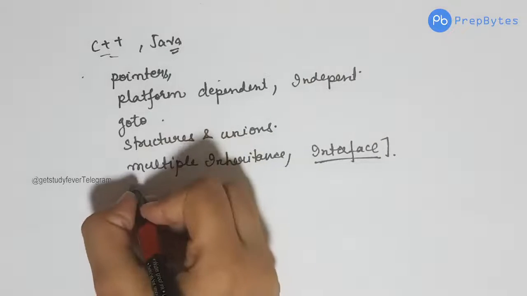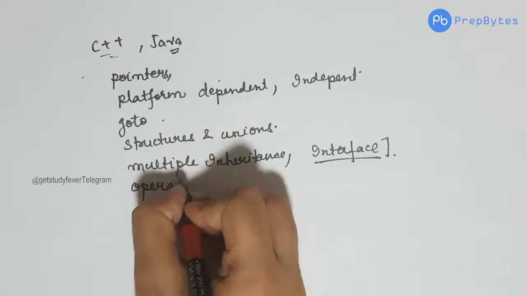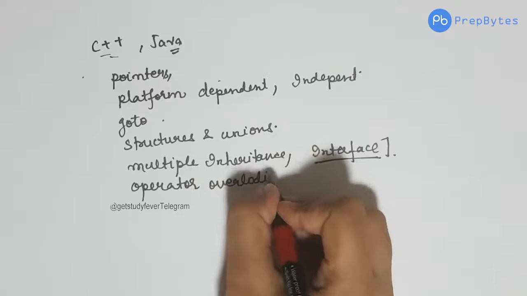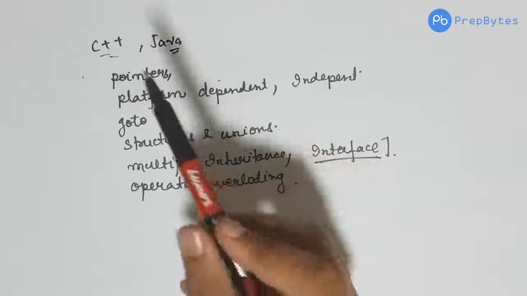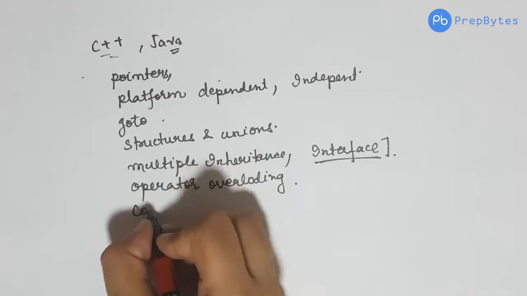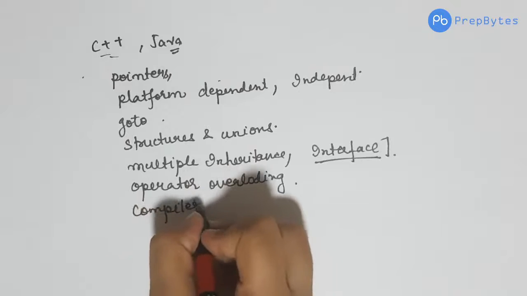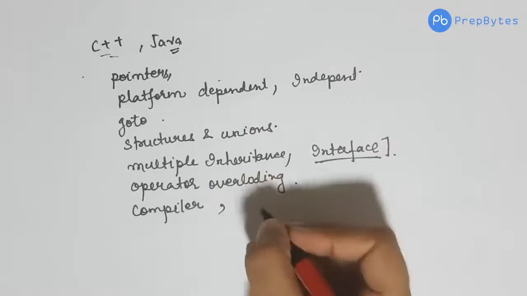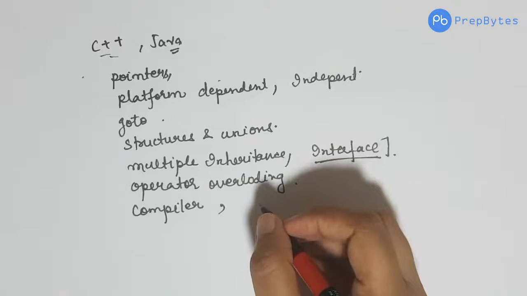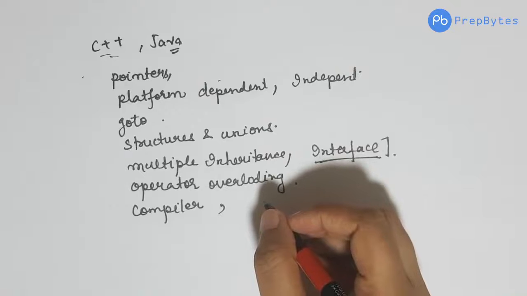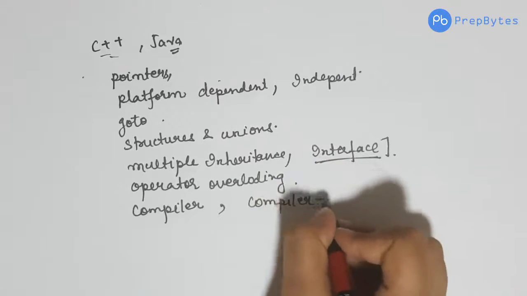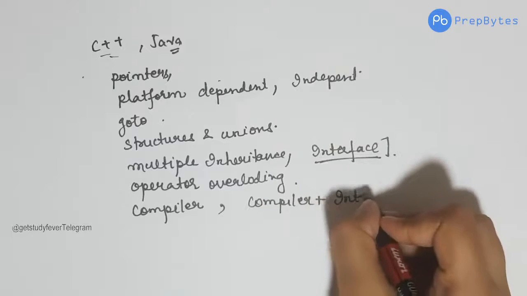Again, as we have discussed before, C++ supports operator overloading and we don't have operator overloading in Java. C++ is a compiled language. So it just uses compiler. The compiler compiles the C++ program into machine code and that is executed. Whereas in Java, first the compiler compiles the Java code into bytecode. So Java uses both compiler as well as interpreter.